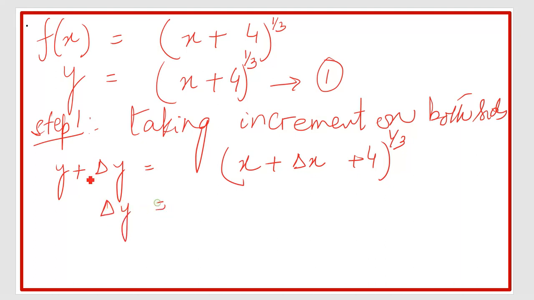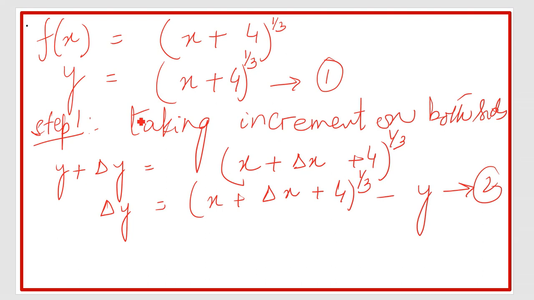Now in the next step we will take this y to the right hand side of the equation, and the sign of this y will change. It is positive y on the left hand side, but when you bring it to the right hand side the sign will change and it will be negative y. As I said, y is equal to (x plus 4) whole power 1 over 3, so instead of this y I will write x plus 4, 1 over 3.